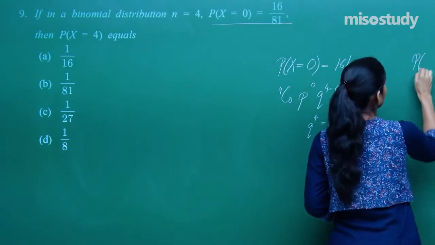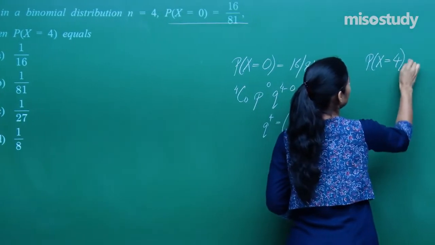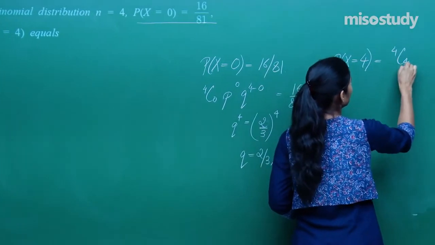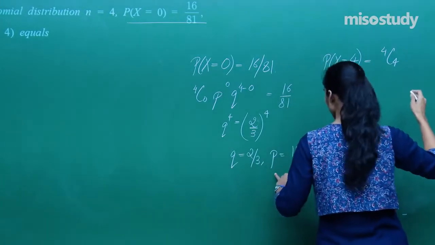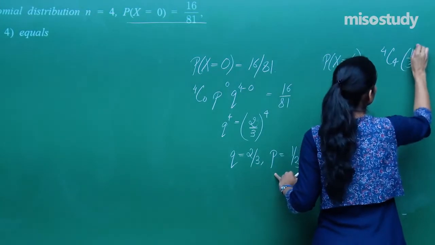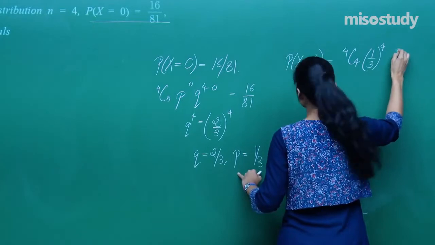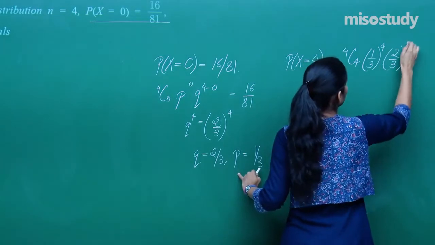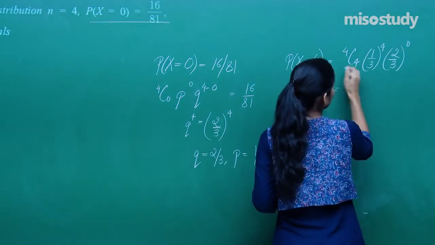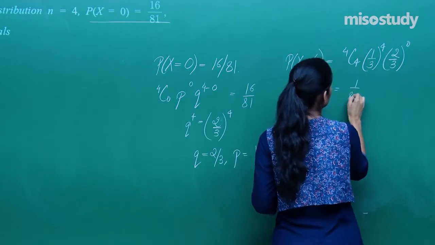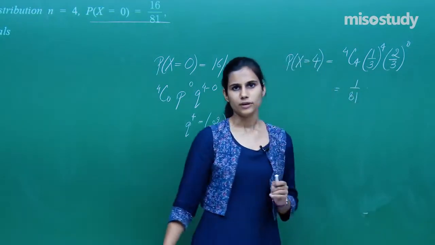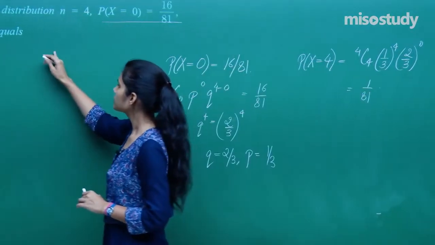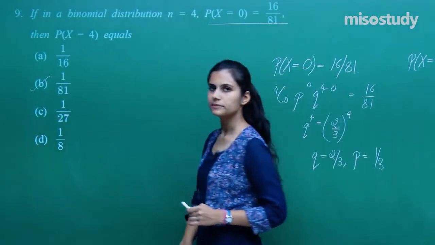Now if you want to evaluate probability of x equals 4, this becomes 4C4, p to the power 4, where p is 1 by 3, q to the power 4 minus 4. This is again 1, this is 1, 1 by 3 to the power 4 is 1 by 81. So probability of x equals 4 is 1 by 81.